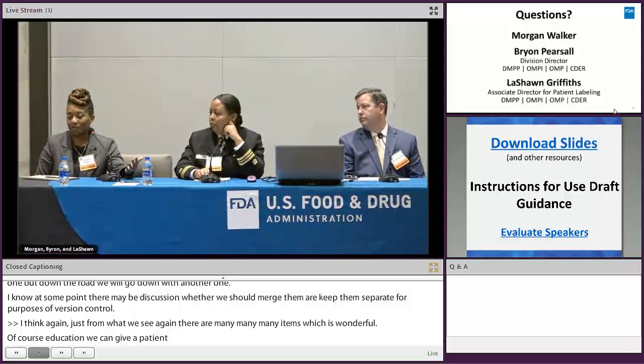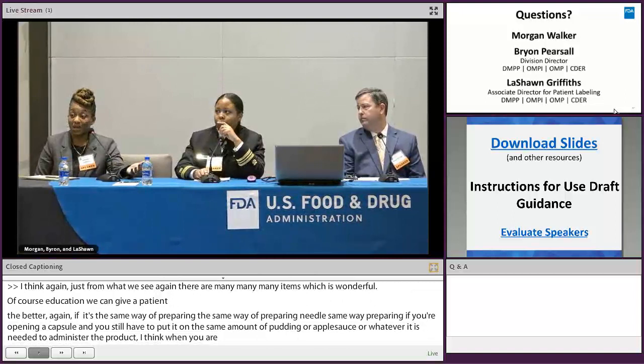Most patients may start off at one dose and go to another dose, but the device is still the same and the steps you take are still the same. So I think when you separate them, it can cause some patient confusion.